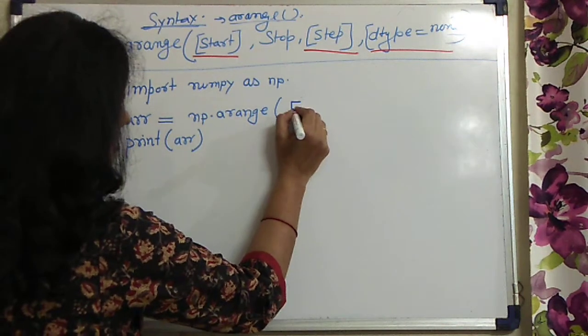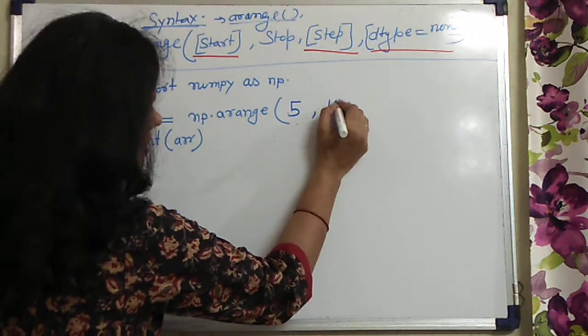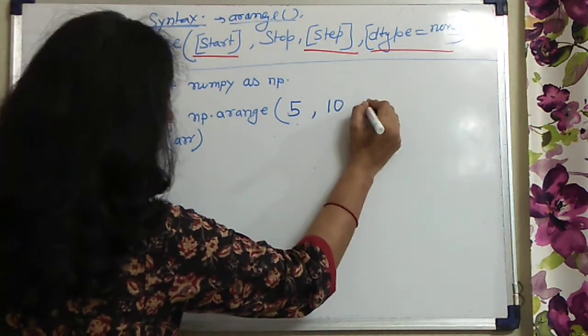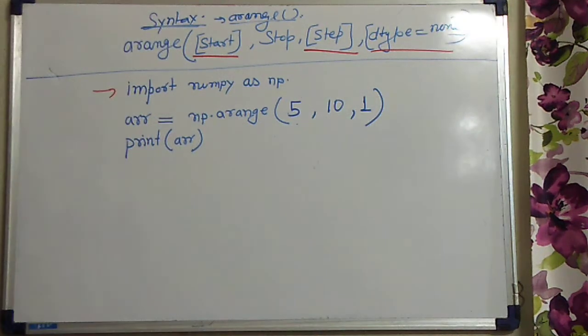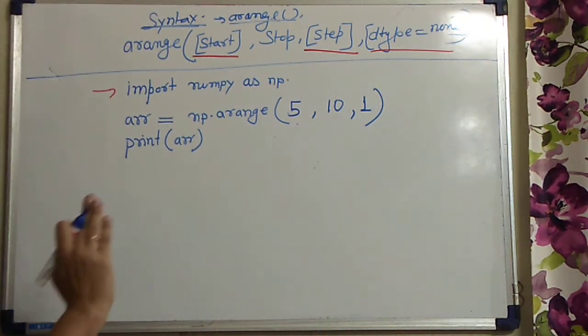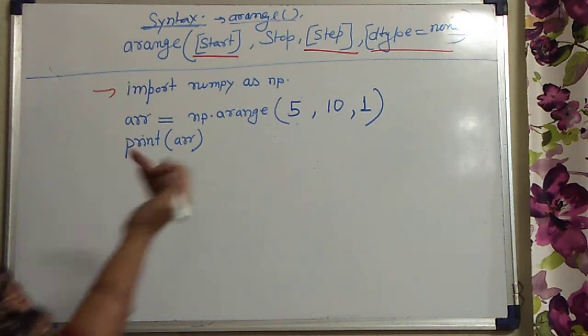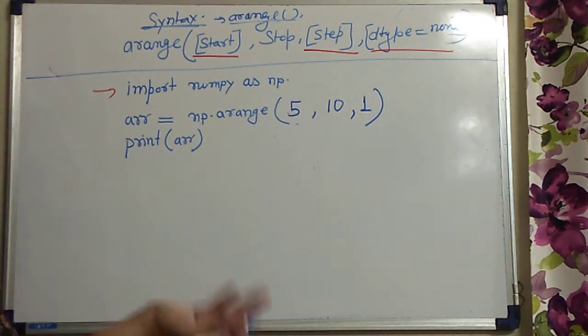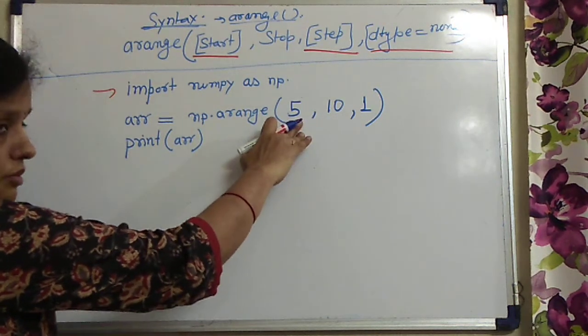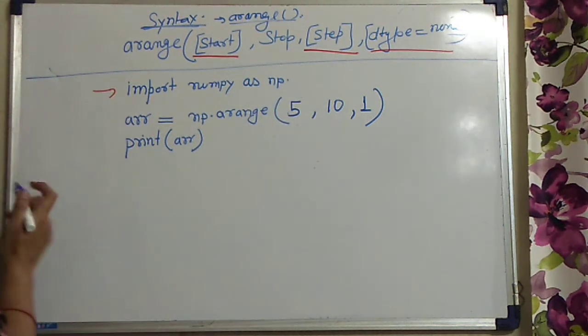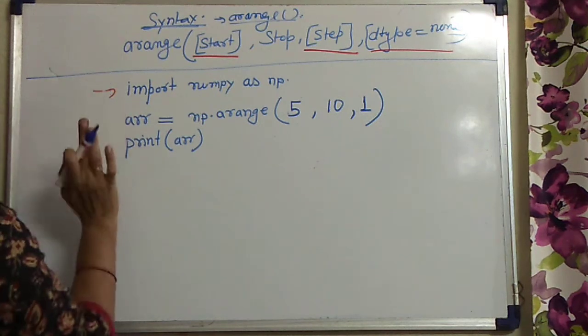Now let us start the value with 5, then 10, comma 1. Right, as the default value of the step is 1, it means the initial value will start with 5 and each next value will always be incremented by 1 from the previous value. Now let us run the program.